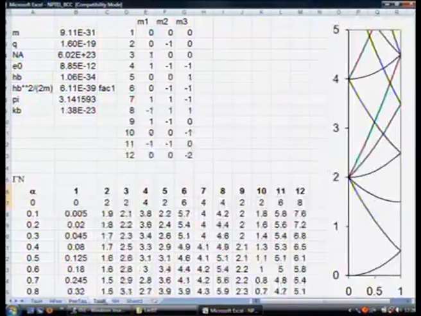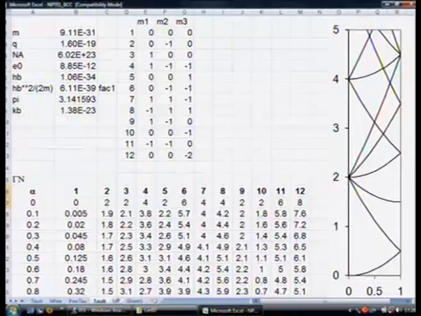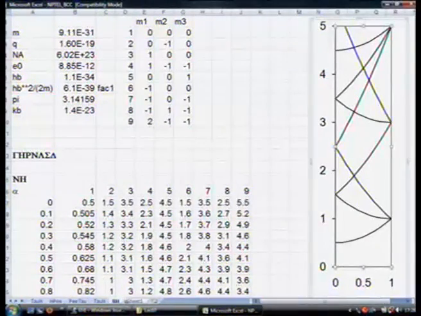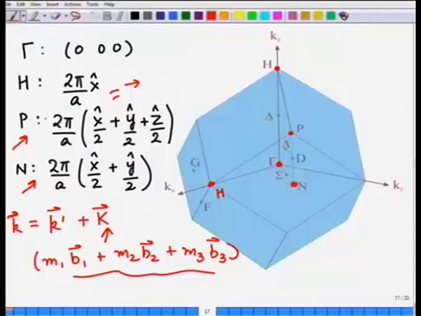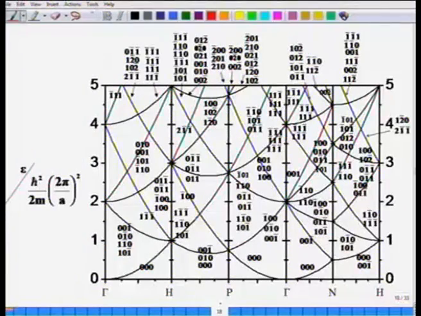Then P to gamma point, then gamma to N point, and then from N to H points. I have done this exercise in an Excel sheet myself. I will ask you to do for BCC what I have done for FCC. I have shown you the details of how it is done for FCC. Exactly the same thing has to be done for BCC, and let me show you how this will look in that case, so you can compare whether you get the same thing or not.